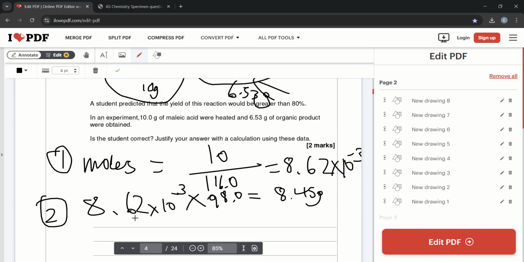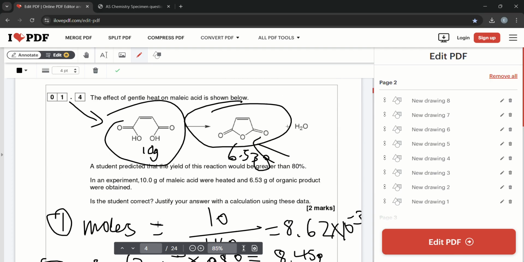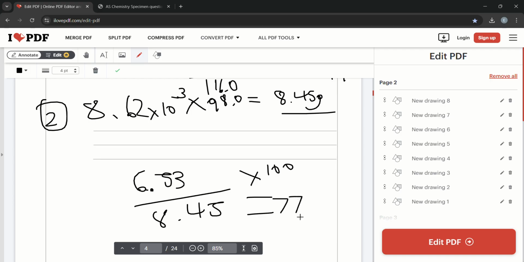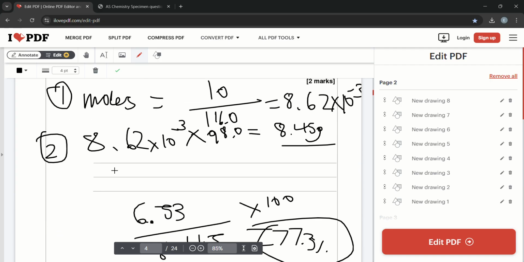And therefore, to find out the percentage yield is going to be 6.53, the actual yield, divided by the theoretical yield, 8.45, times 100, which is equal to 77.3%. The student said it would be greater than 80, therefore the student is not correct. That is the end of question 1.